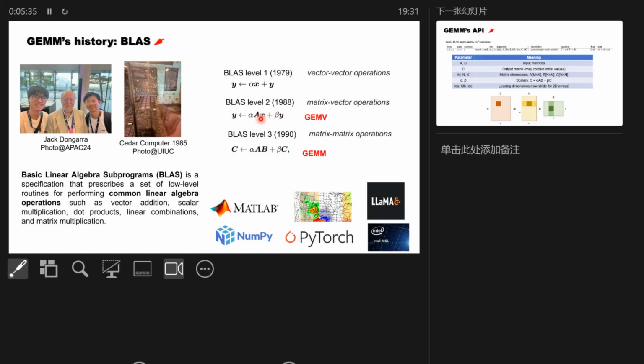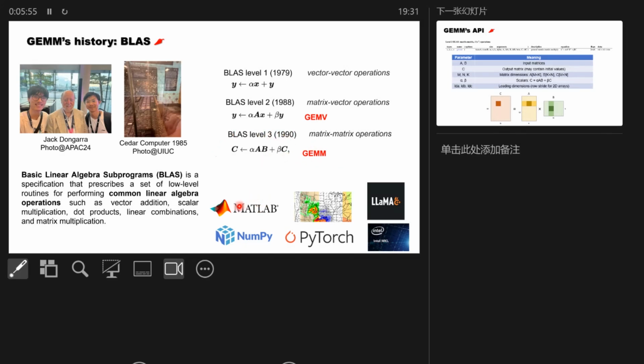By doing that, you can solve problems like solving linear algebra equations. BLAS level 3 was proposed in the 1990s, that is matrix-matrix multiplication. Inside it, general matrix multiplication becomes one of the basic operators of BLAS level 3.